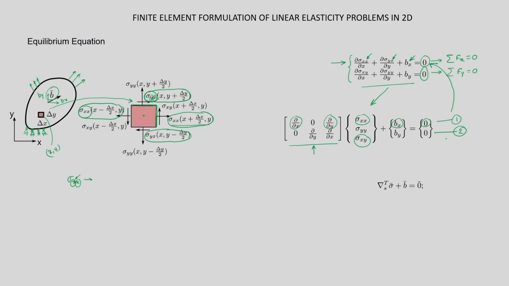As I said, this is basically the symmetric gradient operator and the transpose of it. This we refer to as the stress vector sigma bar, containing sigma xx, sigma yy and sigma xy. This we refer to as a vector b bar that contains the body forces bx and by in the x and y directions respectively. So this finally is rewritten as del S transpose sigma bar plus b bar equal to 0. Alright. So this is the equation that we are going to solve.